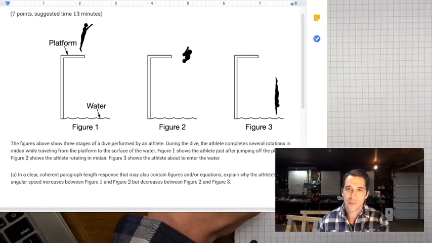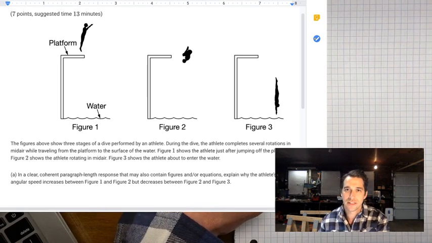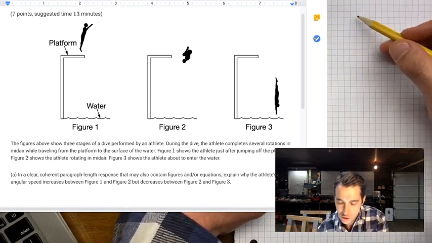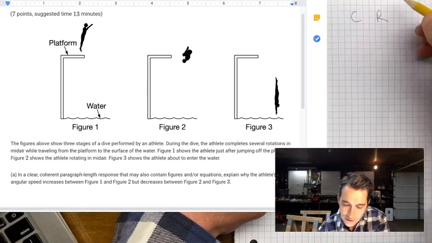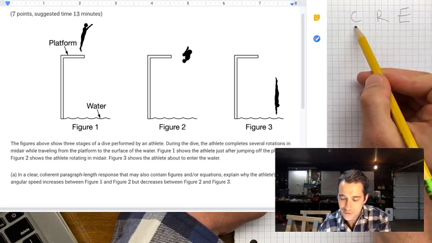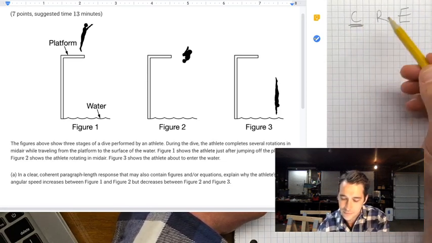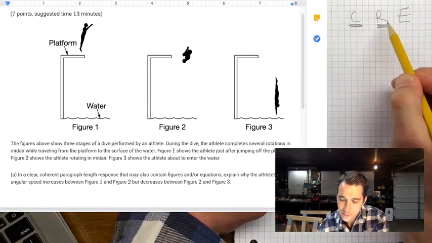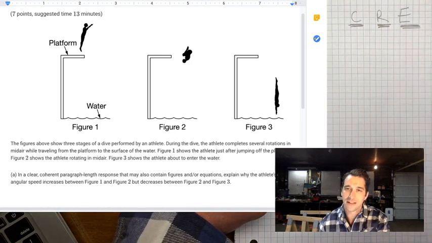So what I want to talk about is a good strategy to answer these paragraph-style questions. And I'm going to talk about a structure. I'll call it CRE. CRE stands for your claim, the reason you're making that claim, and your evidence for that claim.